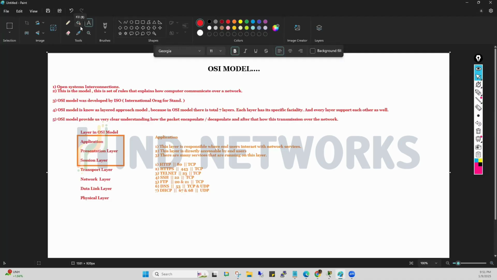If anyone asks you at layer number 4 why we are using TCP, first of all, tell me one thing. For example, I'm living as your neighbor. This is my house and this is your house. Being neighbors doesn't mean we are good friends.